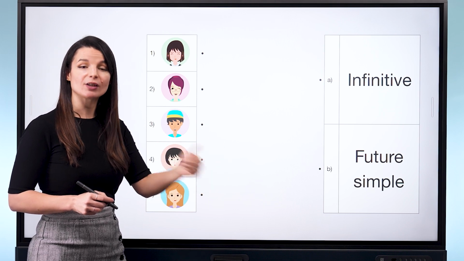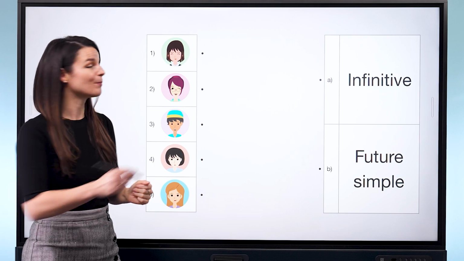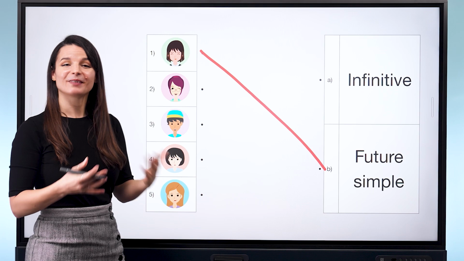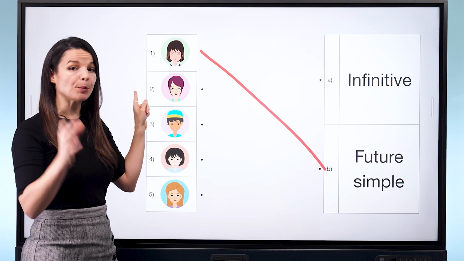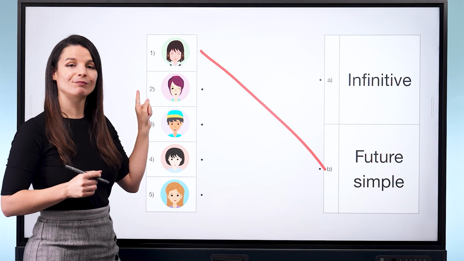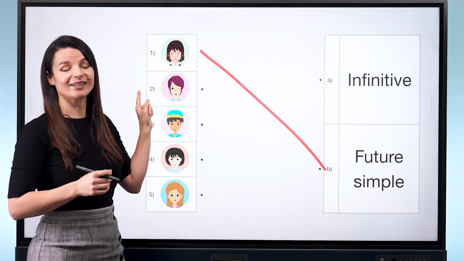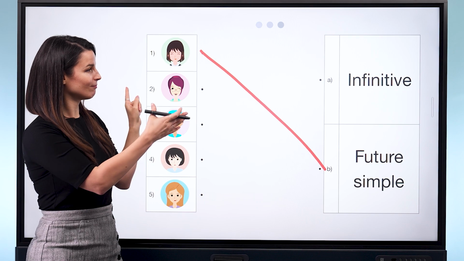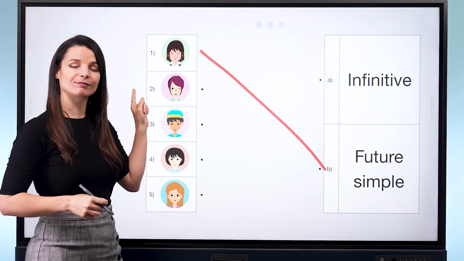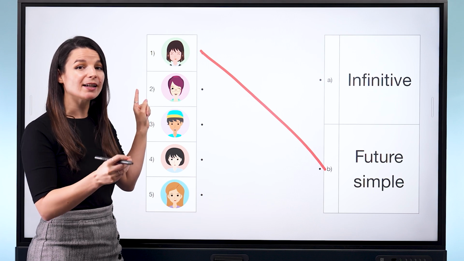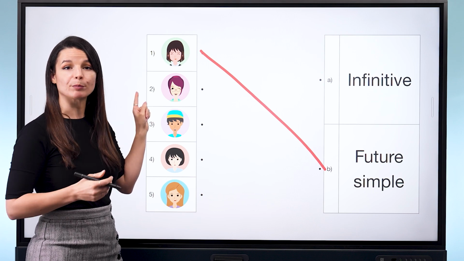I will teach is in the future simple tense. How about I promise that I'll study? Did you hear? I'll study. I will study is also in the future simple tense.